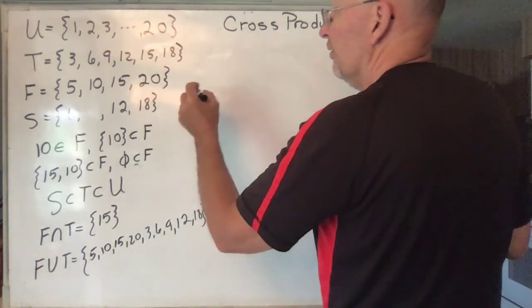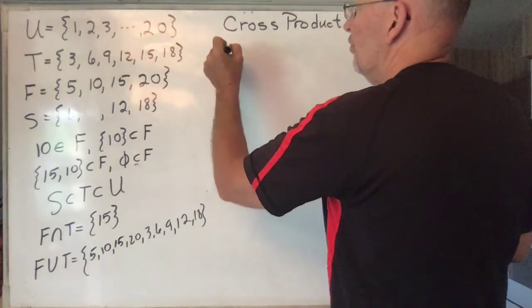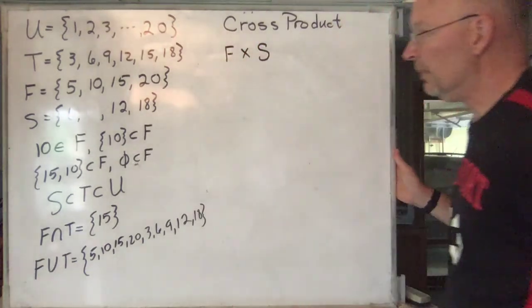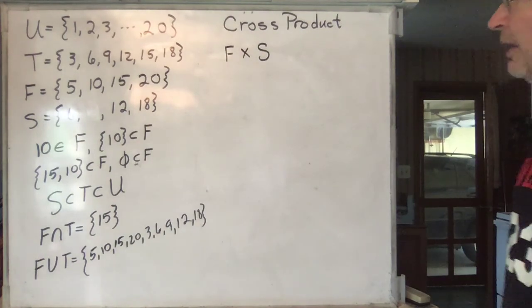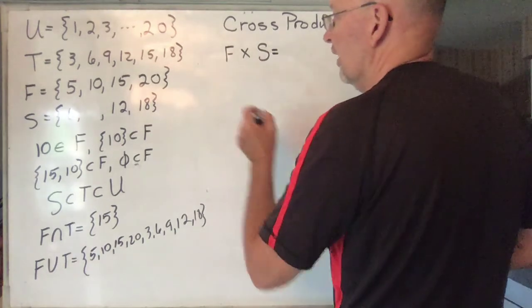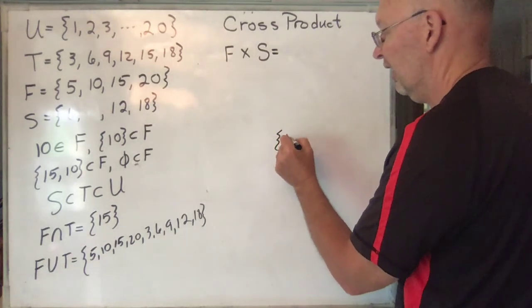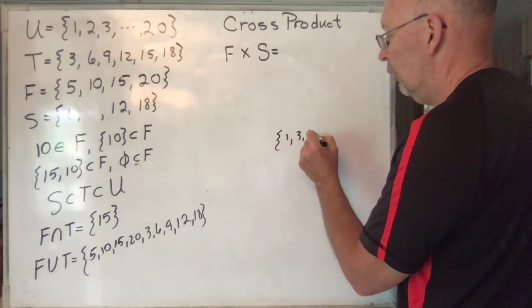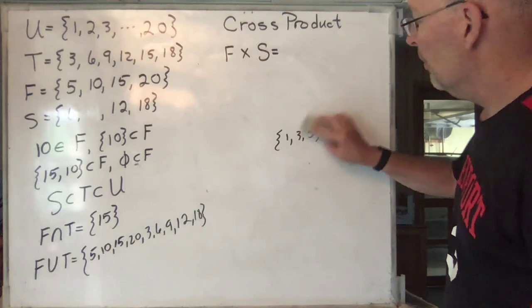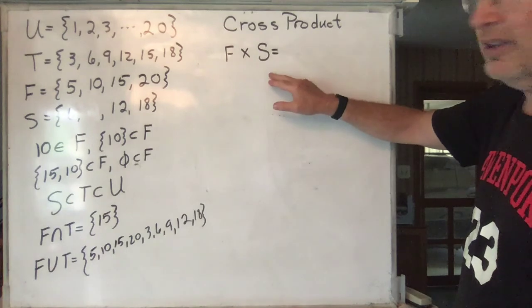So here's F. Notice that F has 4 elements and S has 3. So I'm going to take F cross S. Here's what I mean by doing that. You collect all the ordered pairs. Now remember what I said about a set. A set, you don't care what the order is of the things in the set. It could be whatever order you want. But an ordered pair, by the very use of the name, has the name ordered to it.